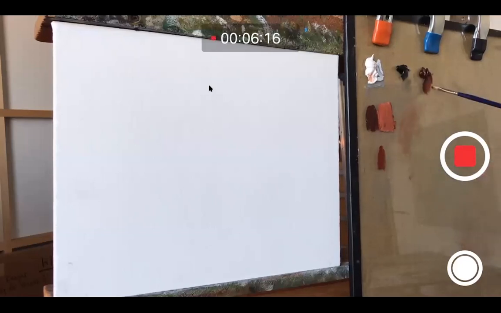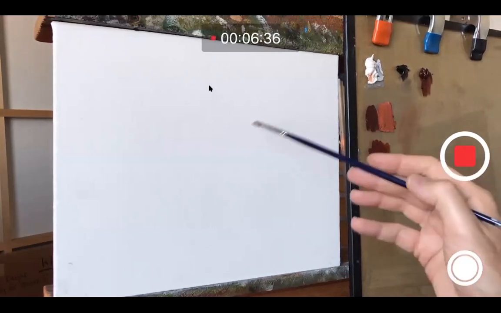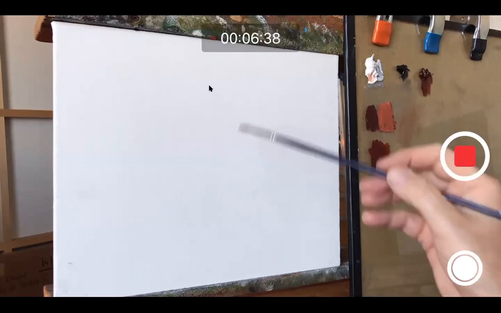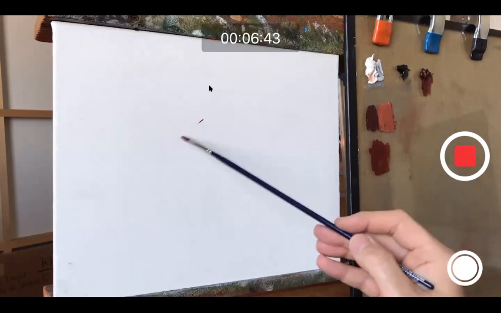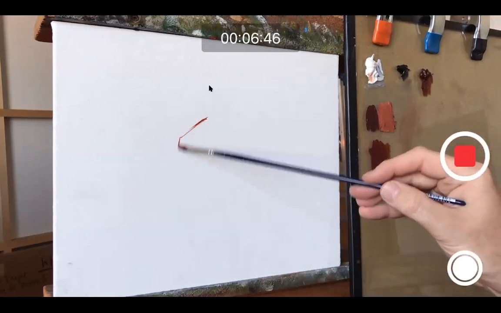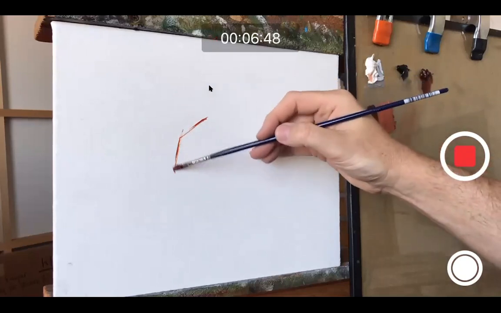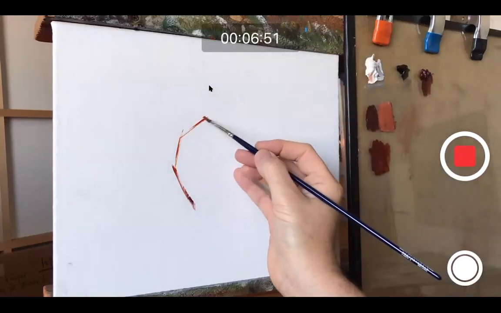Before I get into mixing, observing color temperature, and then mixing the appropriate hue to approximate the color temperature, I want to talk a little bit about drawing, because drawing is not necessarily something everyone has a lot of experience with. Today I'm drawing this piece of fruit, an Asian pear.